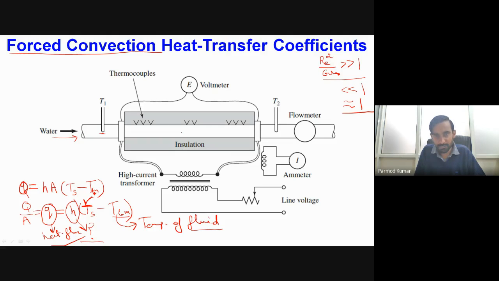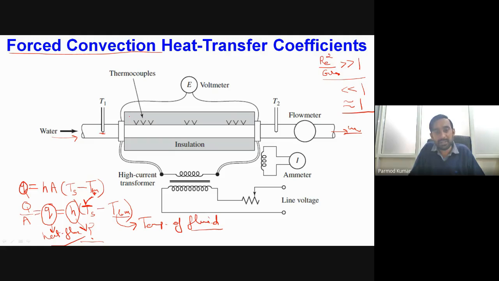Heat transfer coefficient is a strong function of the flow rate of the water, so that's why we have employed one flow meter here in order to determine the mass flow rate of the water, that is, how much mass of water is actually flowing.